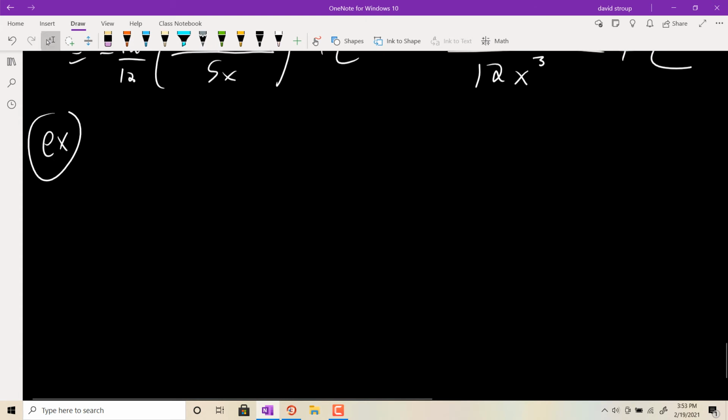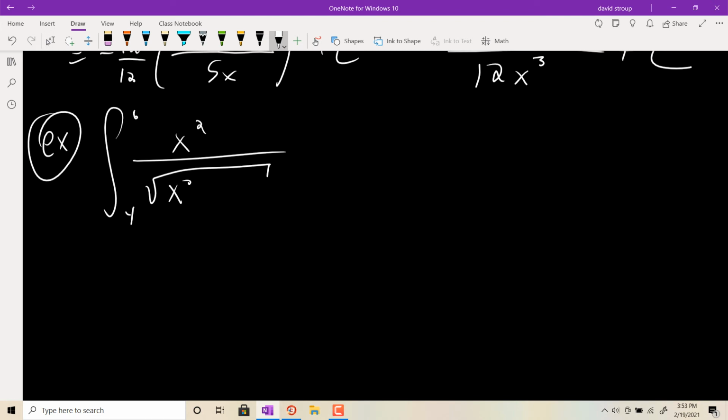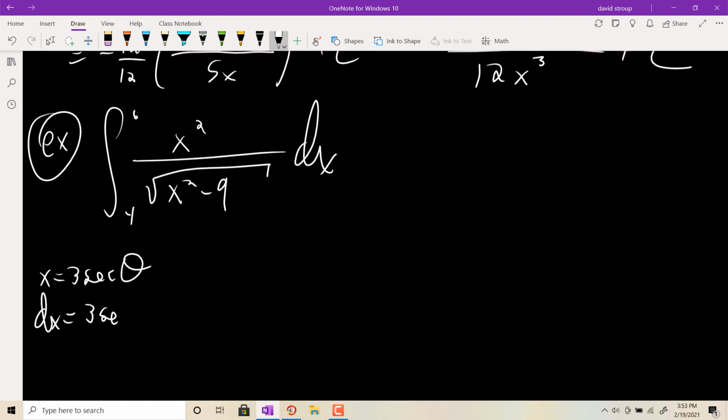So let's do one where we actually evaluate, and on top of that, this will be a secant version. So we're going from 4 to 6, and our integrand is x squared all over the square root of x squared minus 9 dx. Okay, so this time it looks like it's a secant with a value of 3, so we're going to let x equal 3 secant theta. dx will be 3 secant theta tan theta d theta.